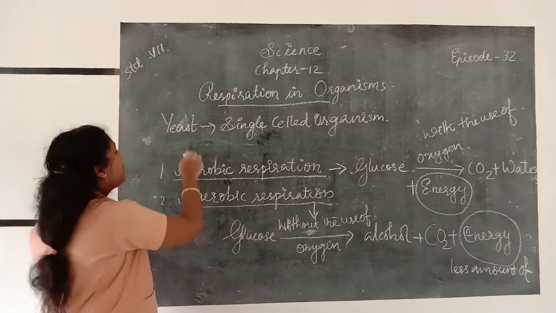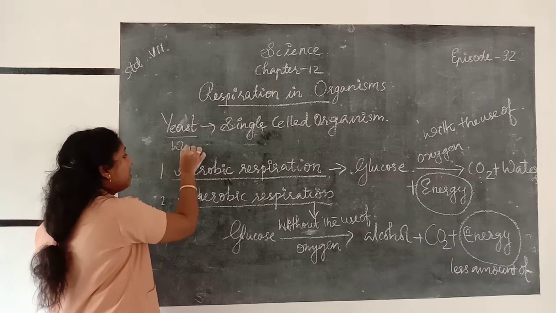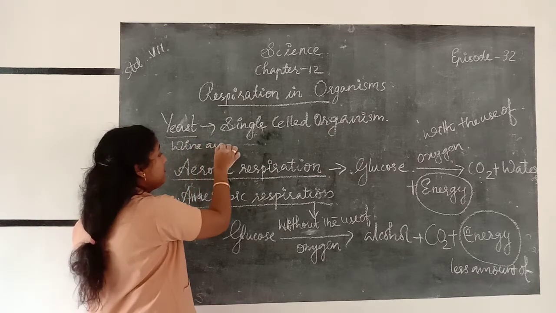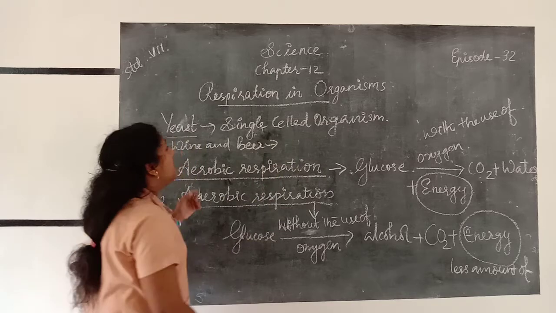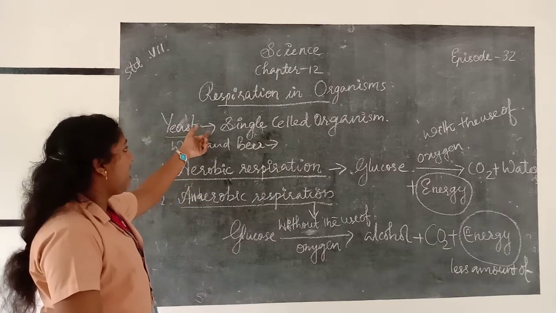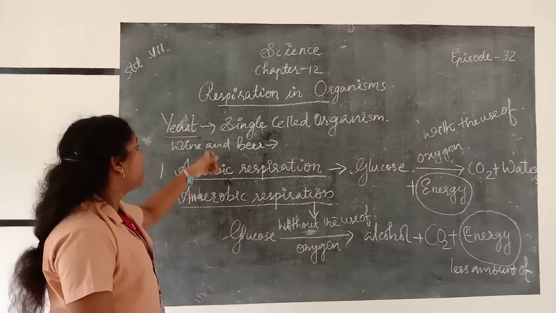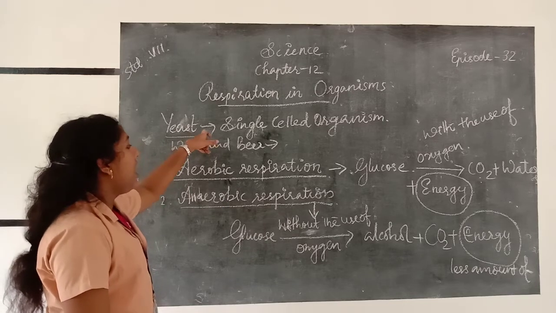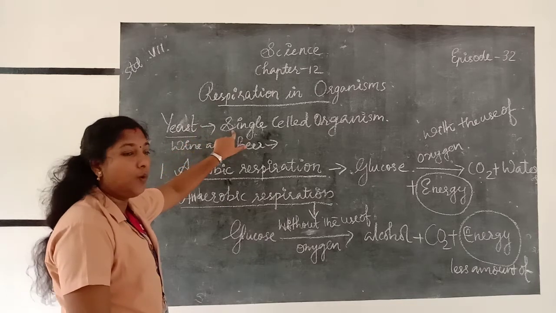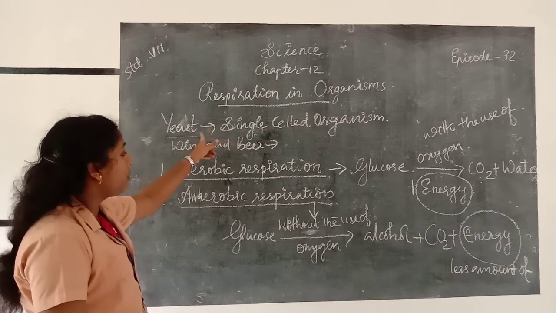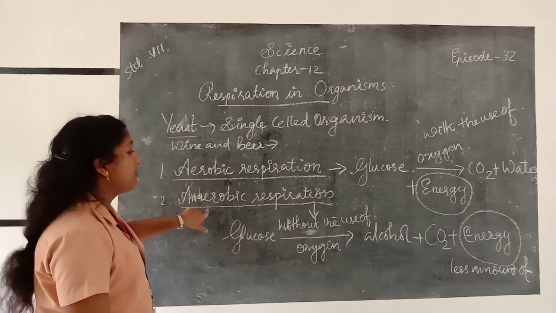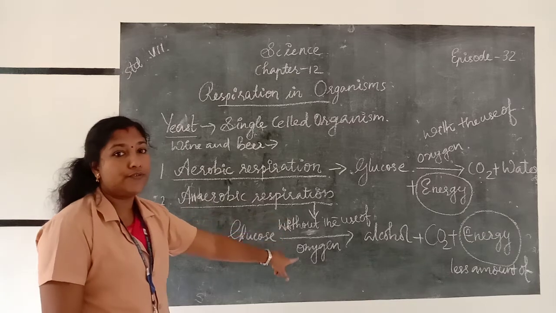Why is yeast used for making wine and beer? Because yeast takes anaerobic respiration. It respires anaerobically, and it is a single-celled organism. Anaerobic respiration means without the use of oxygen.